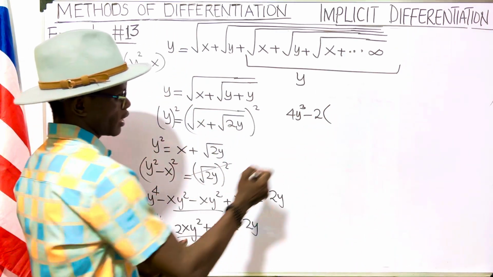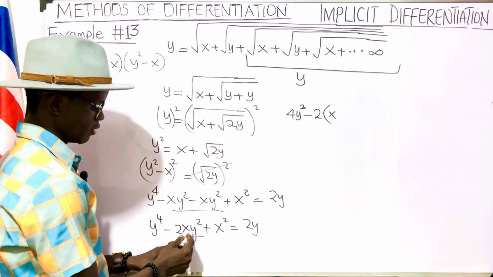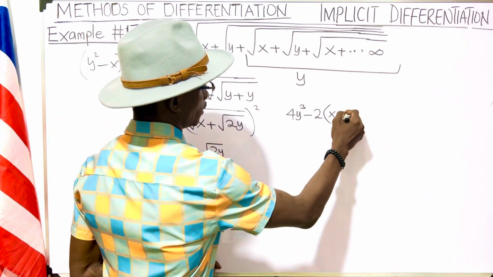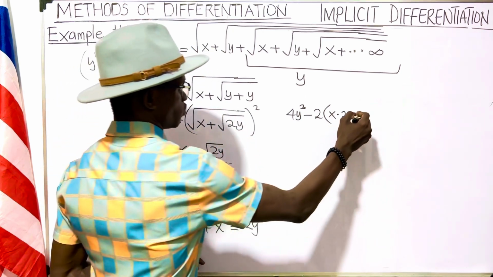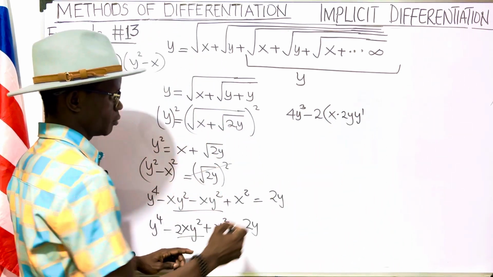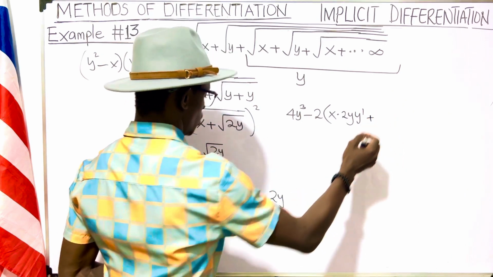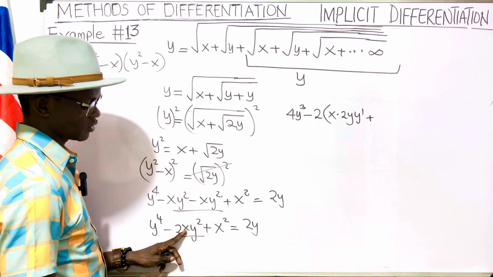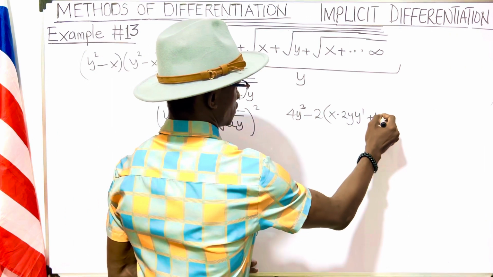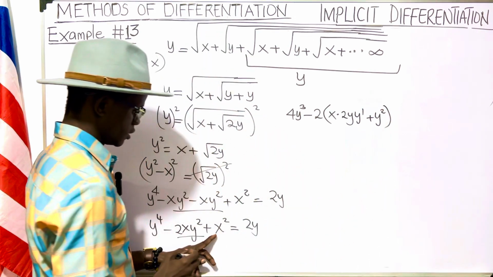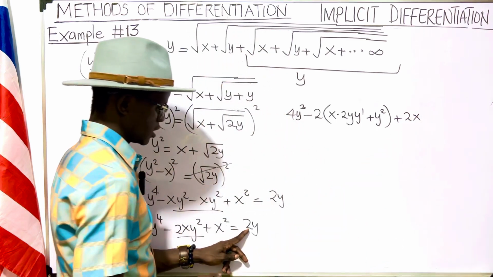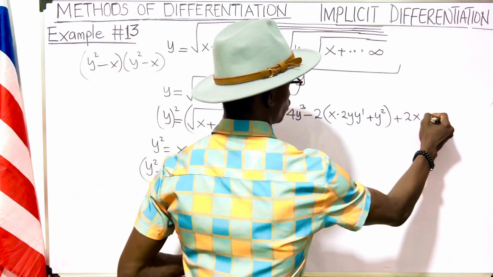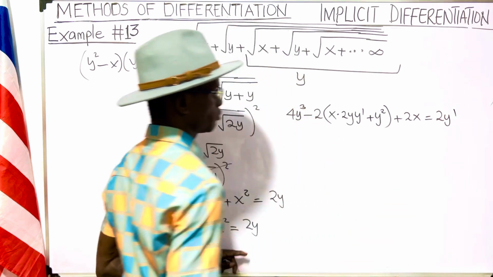We hold x and differentiate y, we get 2y, and then we attach y prime. Plus, we hold on to y squared and differentiate x, we just get 1, so this is just y squared. The derivative of x squared is 2x. The derivative of 2y is 2, then we attach y prime.